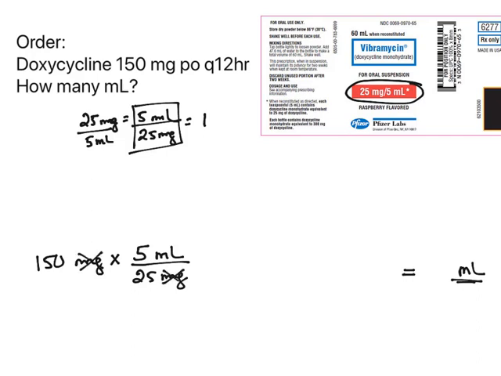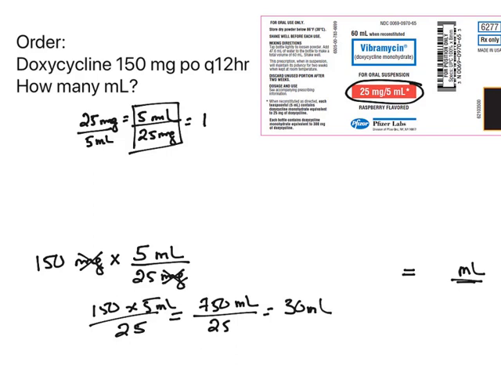So I'm going to cancel out my milligrams, and I'm left with 150 times 5 over 25, and that is 750. I'll keep my units in here. 750 mLs over 25, and that works out to 30 mLs, I believe.